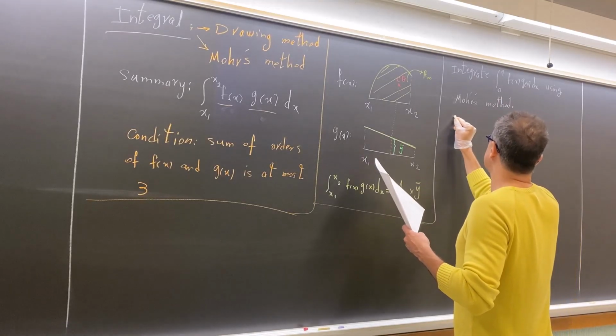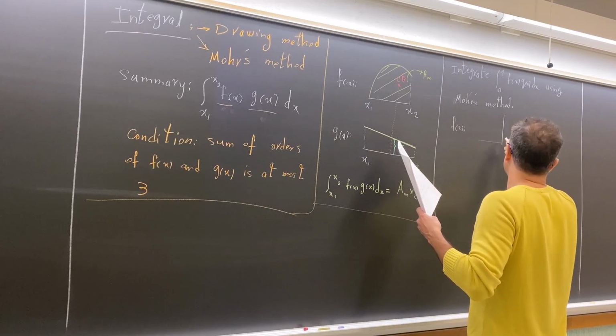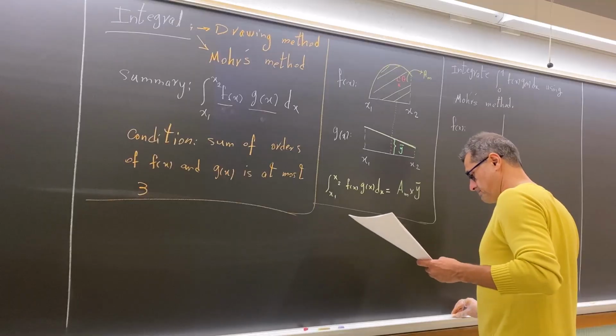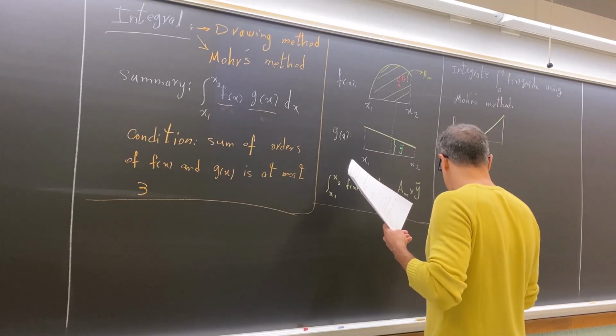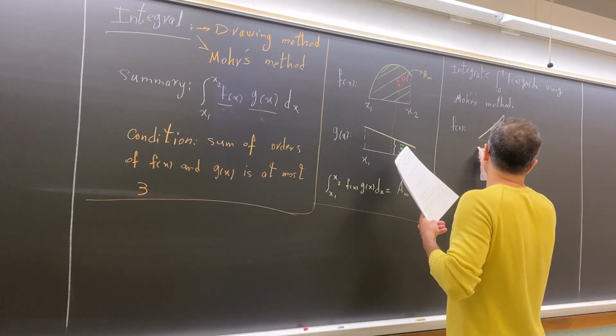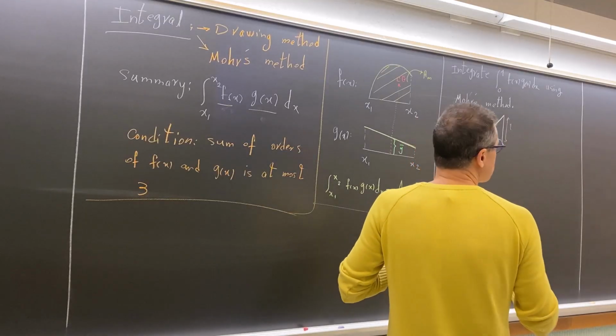So the first function is f(x). It is given. This is the function. You can see it's a line, and these dimensions are just 1. So f(x) is given.